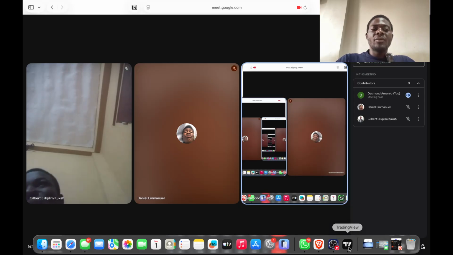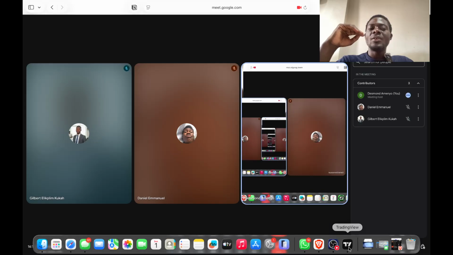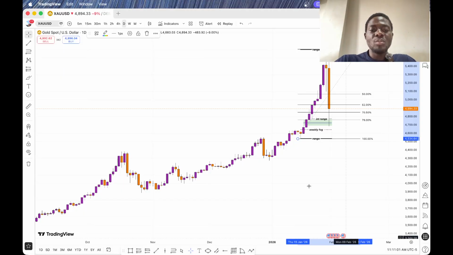So when we have a price move, a price leg from this point to this point, we are trying to measure what happens at the equilibrium and what happens at the discount. And then how do we validate our buy positions? How do we see buy orders in the chart and say, okay, I trust this as a buy model because price is at this level. I trust this as a buy model because price has gone to this level. What makes us think and understand that we are now going to be in a bullish run?